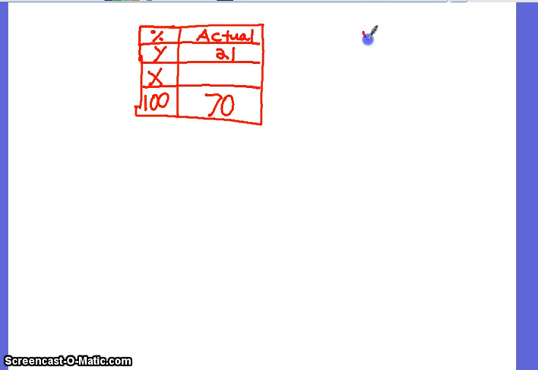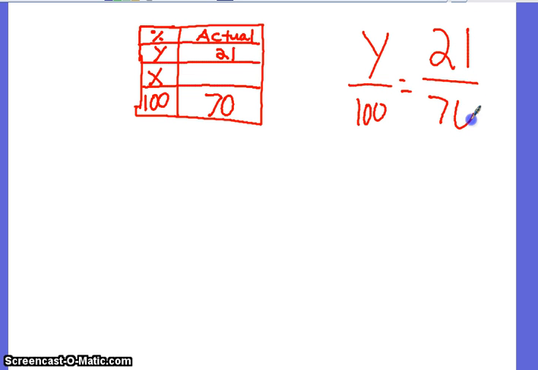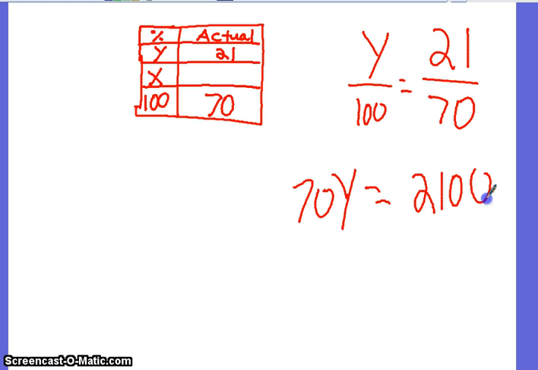So if I write y over 100 equals 21 over 70, I have a proportion, correct? And if I multiply y times 70, I get 70y equals 21 times 100, which is 2100.